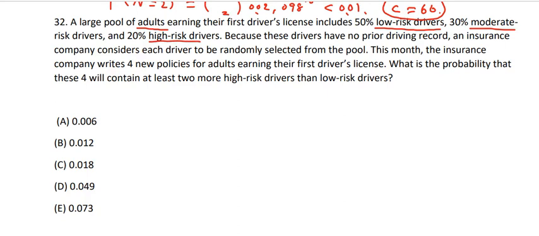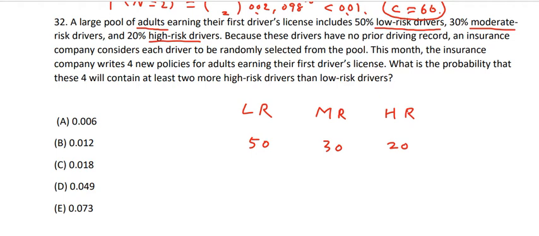Here we put lower risk, moderate risk, and high risk. We can put 50% here, 30% and 20%. We just split all people into parts.